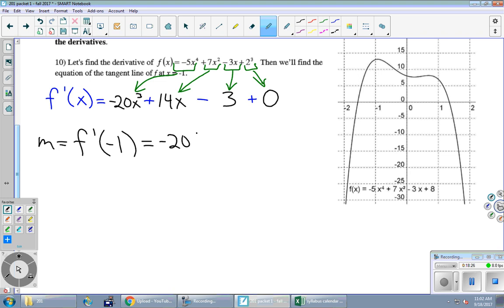Negative 20, negative 1 cubed, plus 14 times negative 1, subtract 3. 20 plus 11, 31. I'm going with 31. Anybody get something different?